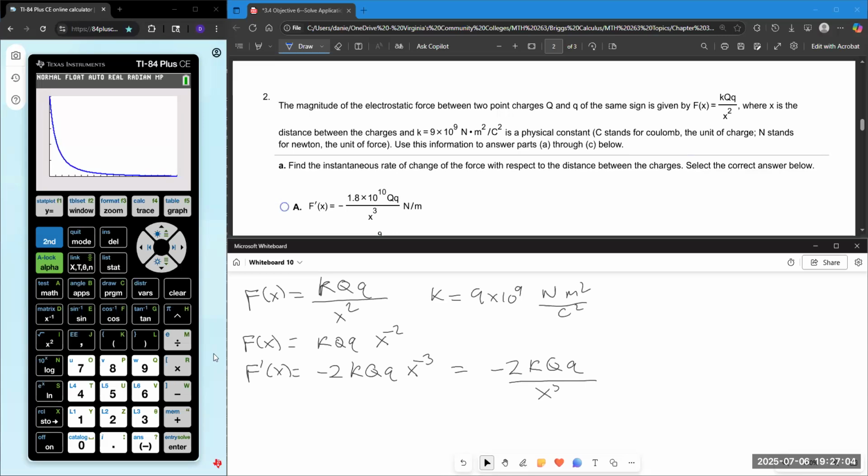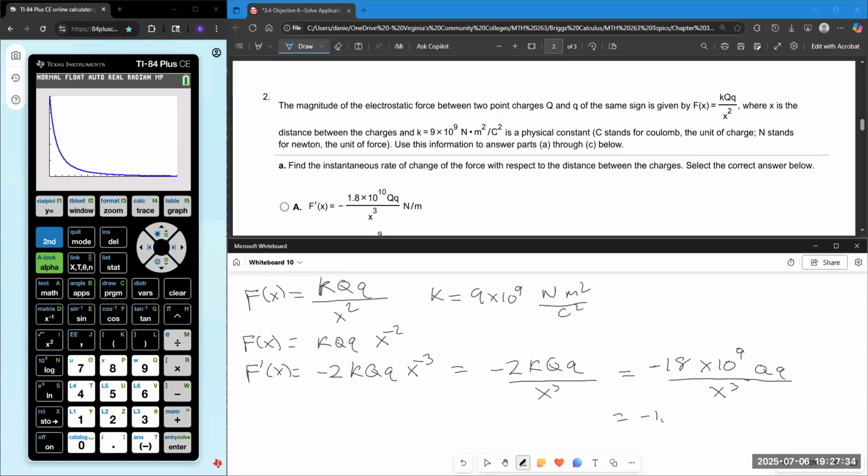And then if we want to make our substitution for k now, this will be negative 18 times 10 to the 9th over x cubed, but that's not in correct scientific notation, so I need to move the decimal point back one here and increase the exponent here.